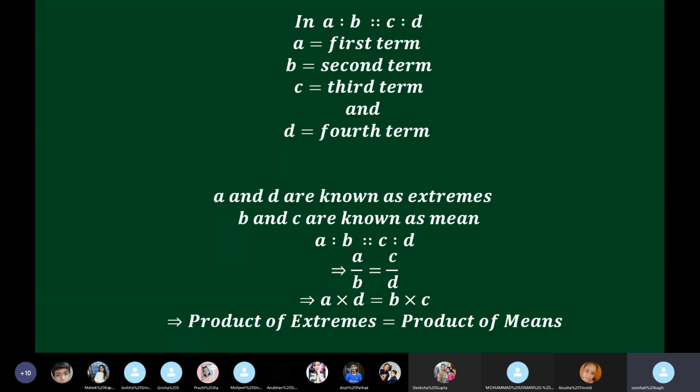If any term is missing, with the help of this formula you can calculate which term is missing. But this formula is only valid if A is to B is proportional to C is to D. If it is not, then this formula will not apply. So let's see with an example.